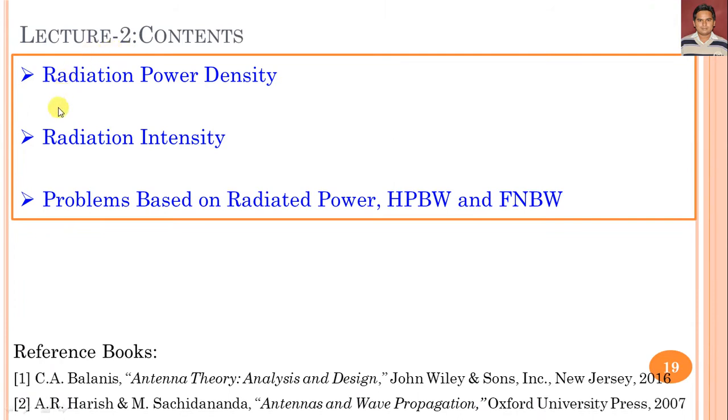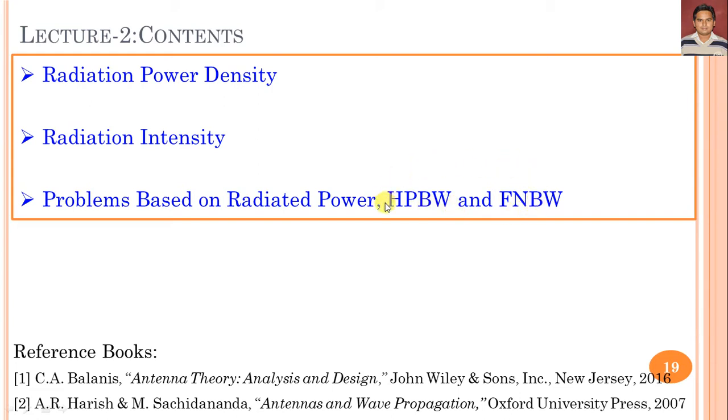The following contents will be addressed during this lecture 2 of antenna parameter series. First, the radiation power density, then radiation intensity, and further the problem based on radiated power, half power beamwidth, and first null beamwidth.